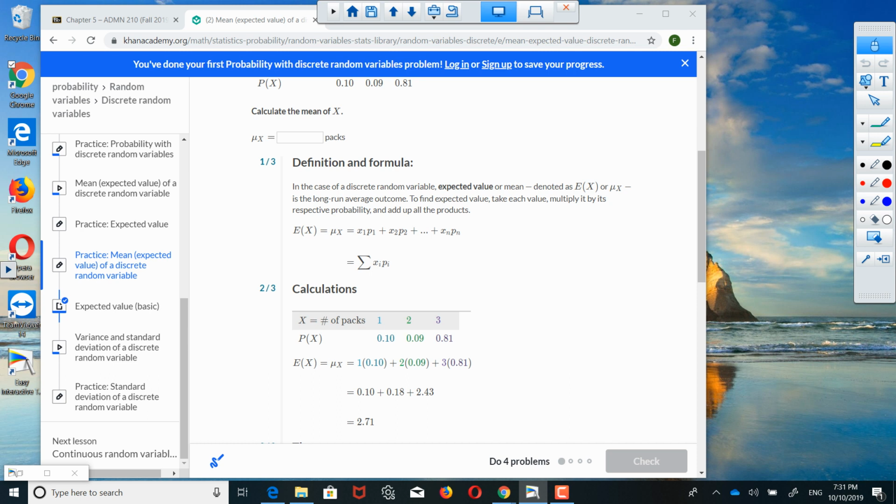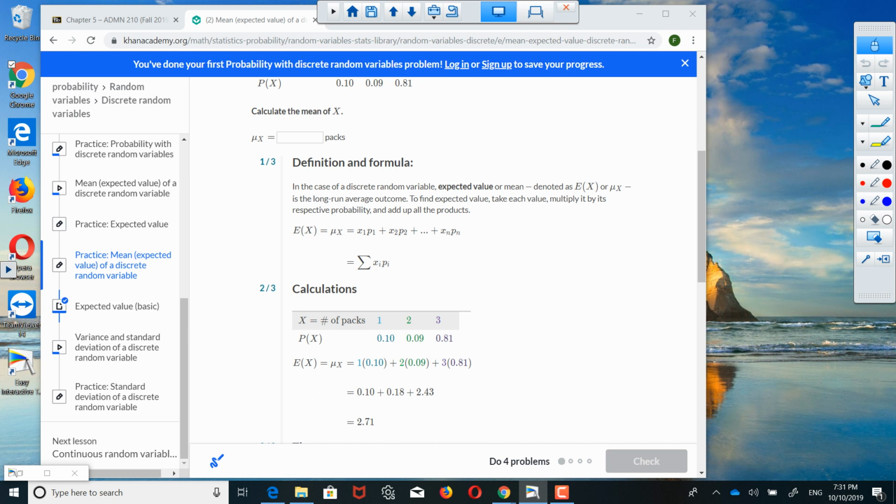But on average, he needs to buy about 2.71 packs until he gets the card he wants.